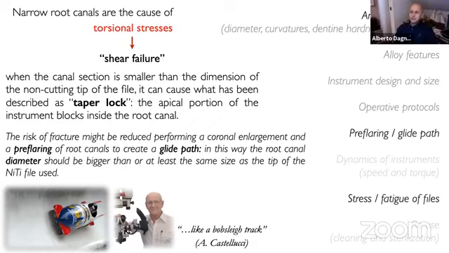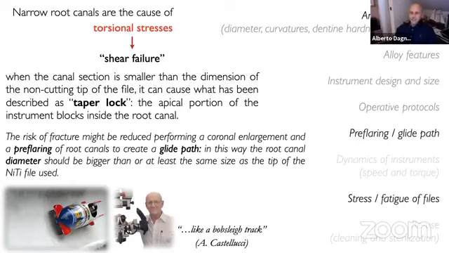Each nickel titanium file is made with a non-cutting tip that has to be free to rotate inside the root canal. If the tip of the file blocks inside the canal, we can have the risk of a taper lock, a phenomenon that blocks part of the file, the apical part, while the remaining portion of the file continues to rotate.